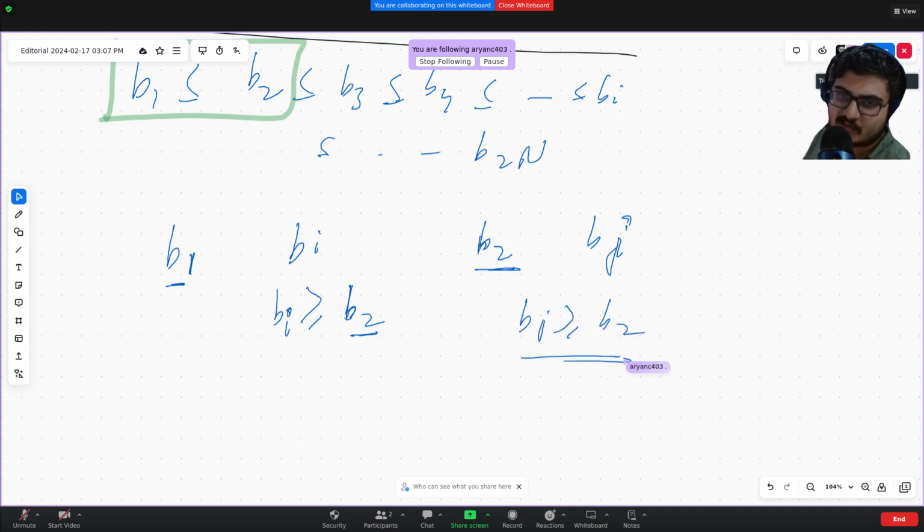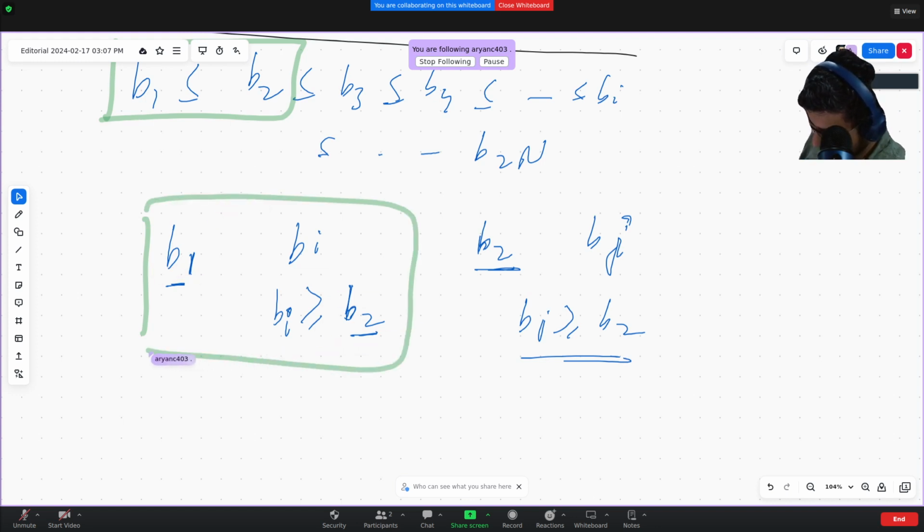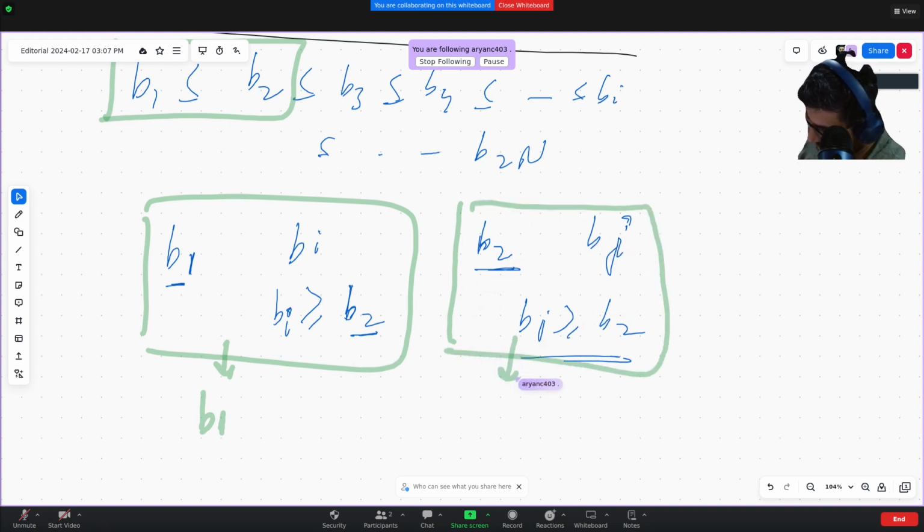Equality holds when the second smallest number repeats multiple times. If we compare the score, in this case the score is b1 and in this case the score is b2, because we have to take the minimum of each pair. So the overall score when b1 is paired with bi and b2 is paired with bj is b1 plus b2.